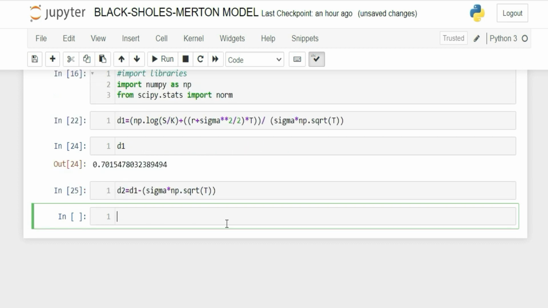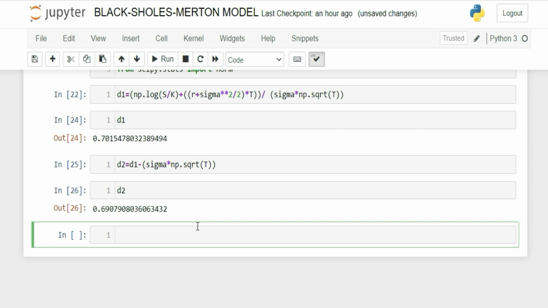If you see that, my D2 is coming this one. So I got D1, I got D2.